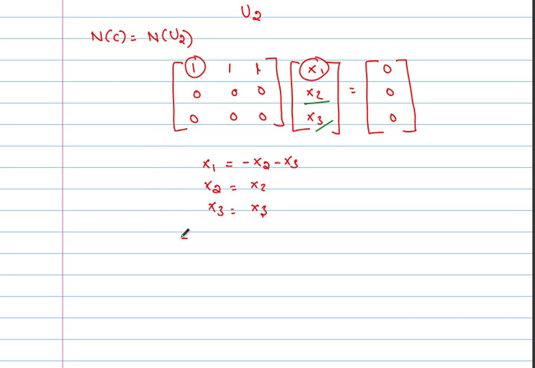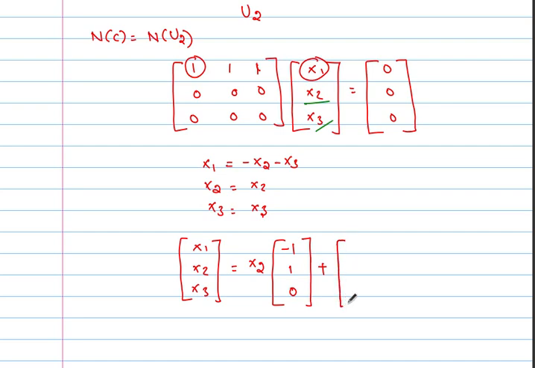You represent it in vector form: x1, x2, x3 equals x2 times minus 1, 1, 0, plus x3 times minus 1, 0, 1. The x2 is independent of x3.